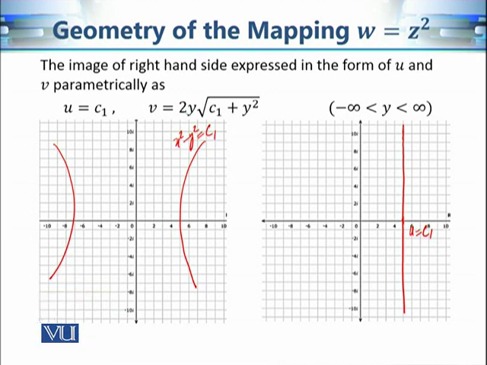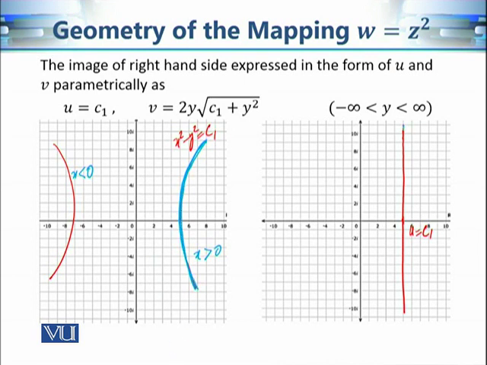Now let's see what will happen for v = 2y√(c1 + y²). In this case, as y varies, remember x is positive, so we are considering this portion of the hyperbola where x is positive. The negative case corresponds to this portion, where x is negative. So now we are considering this blue portion of the hyperbola.